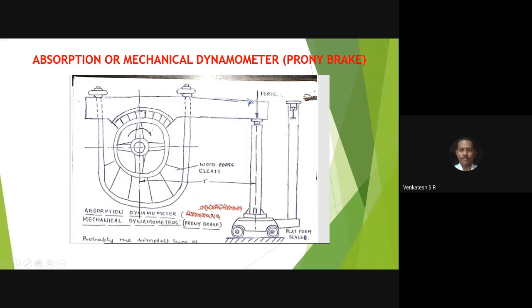The force exerted by this lever can be measured by using the platform scale. You can place 100 kgs, 200 kgs, or 50 kgs, and the distance from the platform scale to the center of the shaft, that is, torque equals force F into radial distance. That gives you the torque.